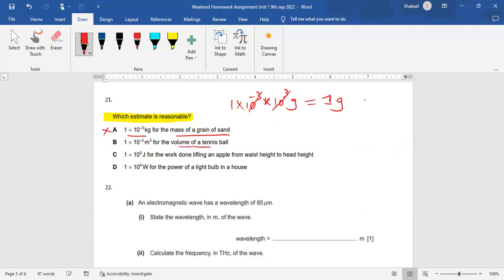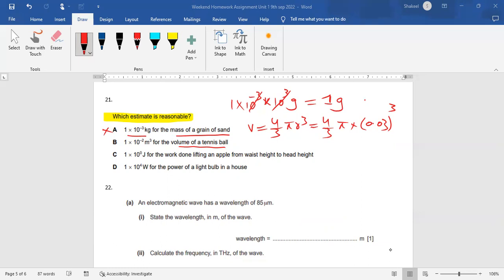Then next, volume of the tennis ball. We have done that in the class as well. 4 by 3 pi r cube, where r is about 0.03. We have to do some calculation, so let me do that for you. 4 divided by 3 multiplied by 3.142 multiplied by 0.03 cubed.